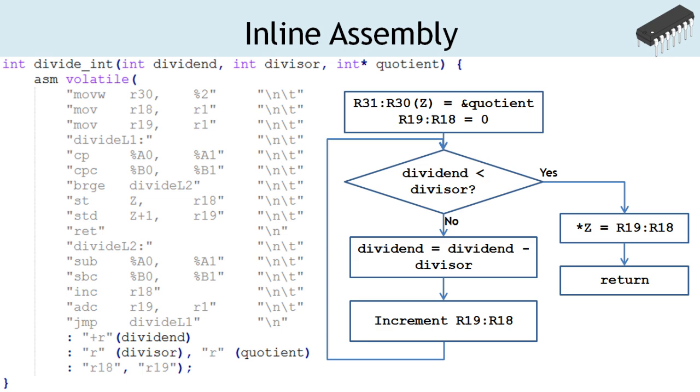If the dividend is less than the divisor, the value of R19 and R18 is stored in the memory address pointed to by the register Z, and the function returns. Else, the divisor is subtracted from the dividend and R19 and R18 is incremented. This continues until the dividend is less than the divisor.